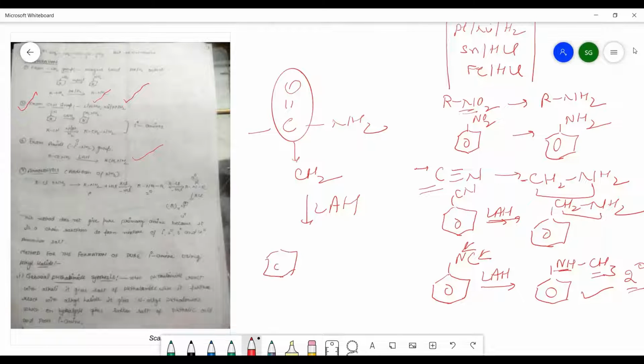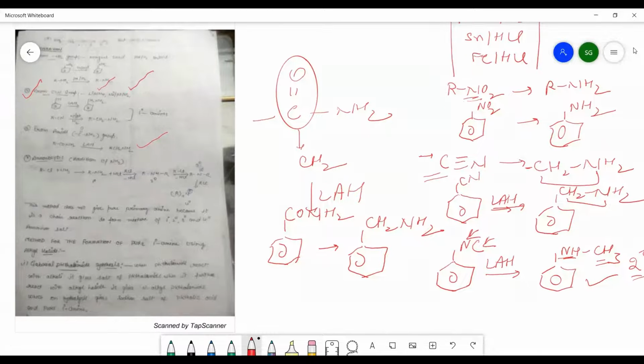Suppose you have benzamide. This is the structure of benzamide, which is converted into benzylamine. So the three functional groups, nitro, cyanide and amide, on reduction give rise to the formation of primary or secondary amines.